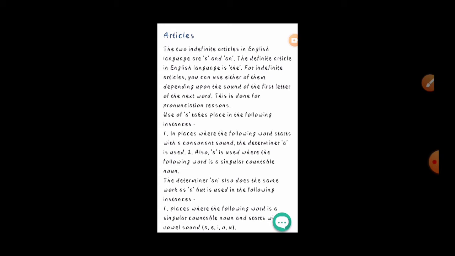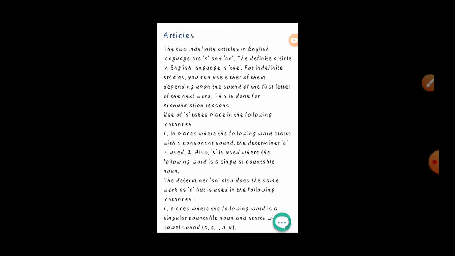So what are the vowels? A, E, I, O and U. So we have to use a in places where the following word starts with a consonant sound. The determiner a is used, okay? Also a is used where the following word is a singular countable noun. So these two points you have to remember so that you can easily put a there, okay?